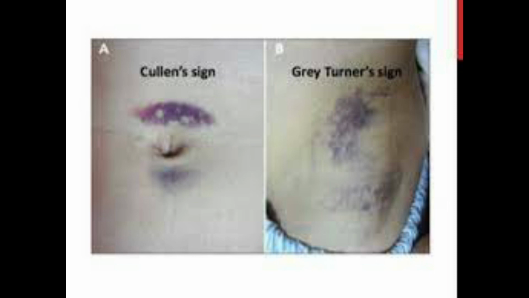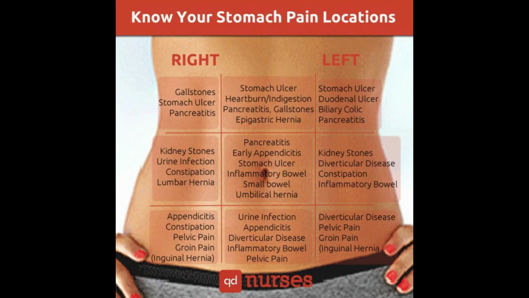If seen, it is known as the Cullen sign or Grey Turner sign, due to extravasation of blood or hemodilution. If there are enlarged veins, that may be due to emaciation, portal hypertension, or inferior vena cava obstruction. And peristalsis is usually due to intestinal obstruction.